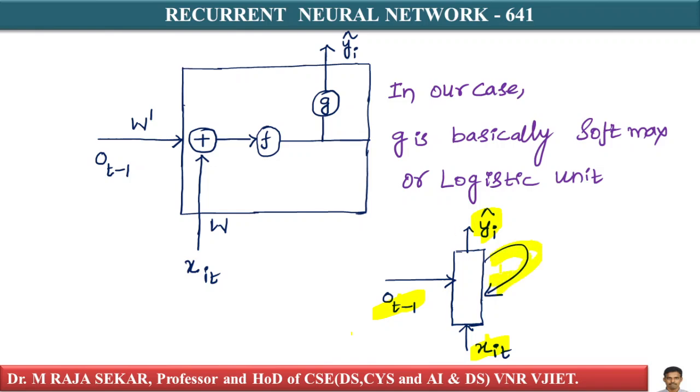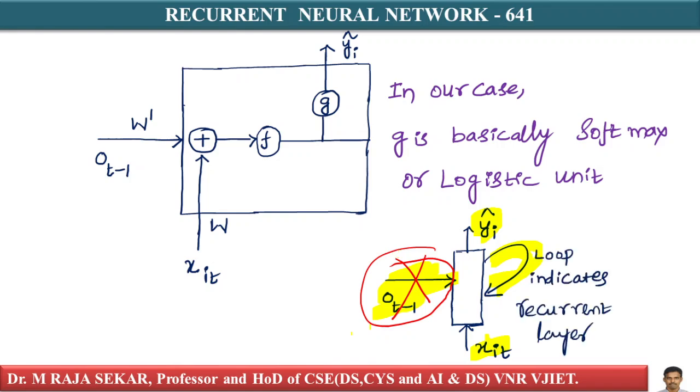Actually they don't even write the rest of this. Why are we keeping this loop? To say that this is a recurrent layer. This loop represents a recurrent layer, and this loop opens up over time.